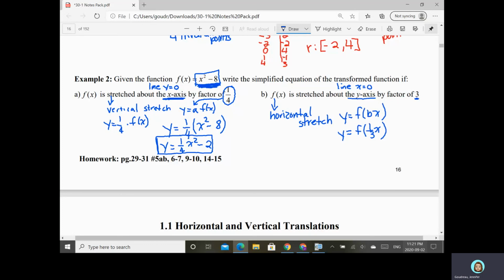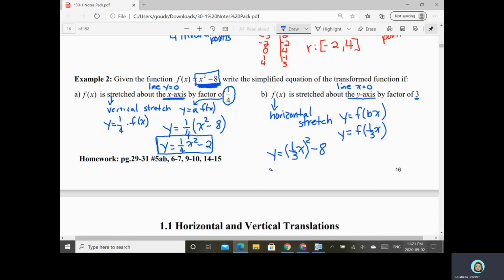So whenever we have a B value, or f at bx, we are going to replace the x with bx. So instead of having x squared minus 8, we are going to have (1/3 x) squared minus 8.